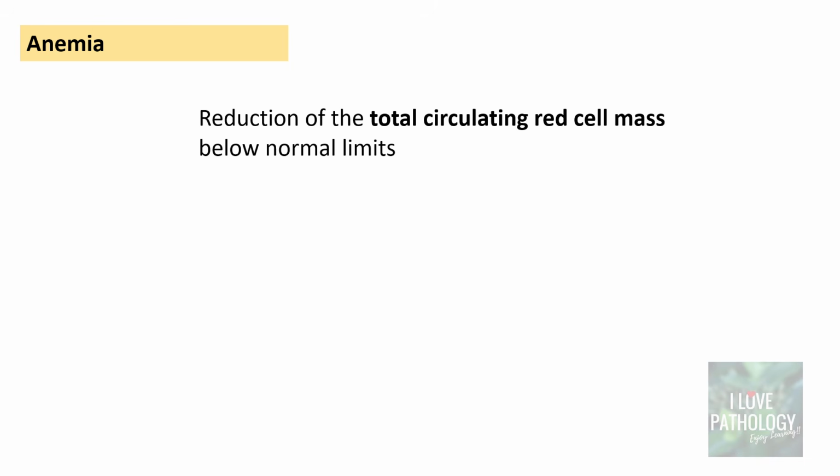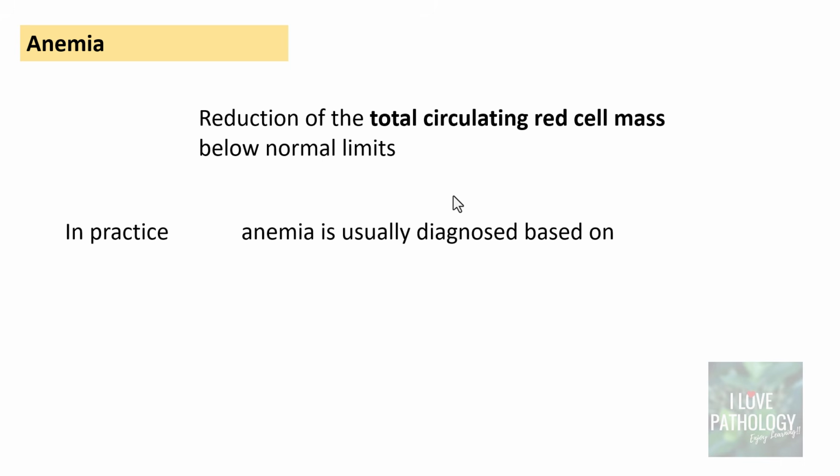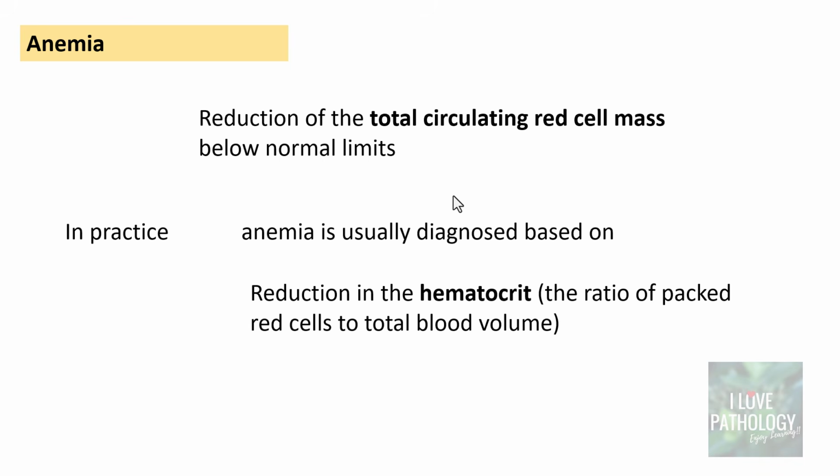So I'm sure you all know that anemia by definition is reduction of the total circulating red cell mass below the normal limits, right? Practically, it's very difficult to demonstrate the total red cell mass, and that's why, in practice, laboratories usually diagnose anemia based on the reduction in the hematocrit, that is the ratio of packed red cells to the total blood volume, which is what we call packed cell volume or PCV, right?